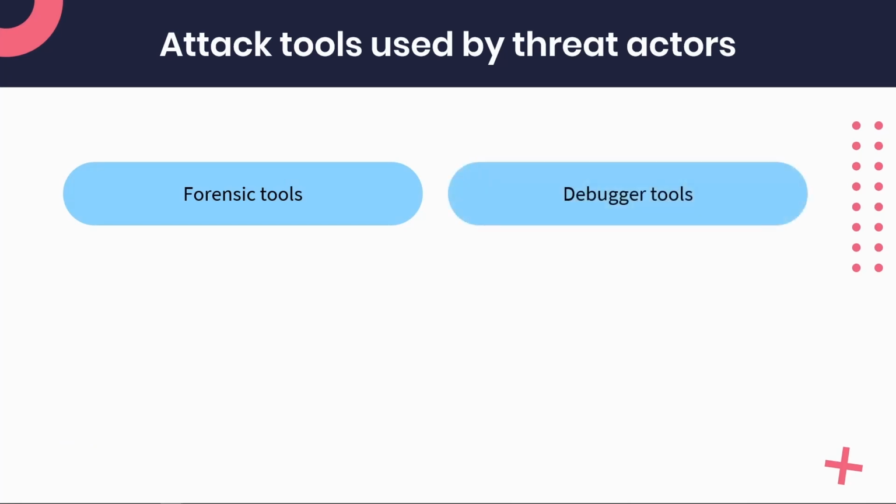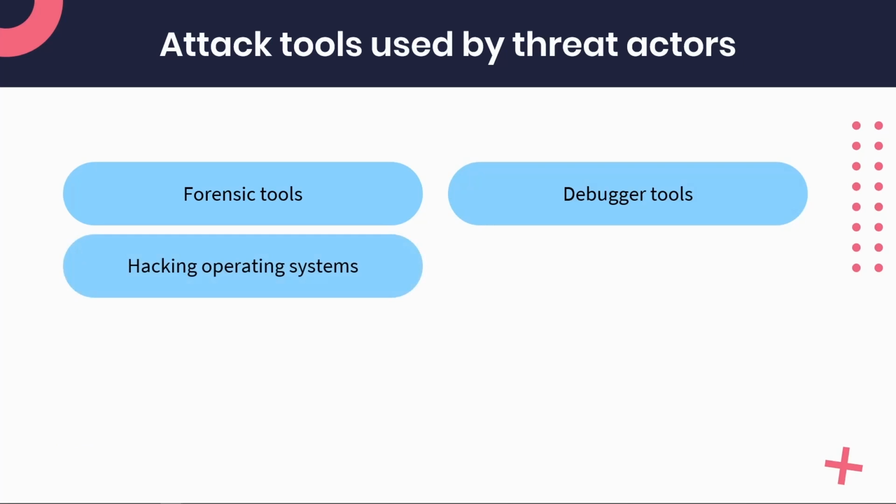Debugger tools help to reverse engineer binary files when writing exploits or malware analysis. Hacking operating systems are pre-designed and dedicated operating systems used to conduct cybersecurity tasks. A good example is the CyberOps workstation. These operating systems are preloaded with network tools and technologies to help with hacking.